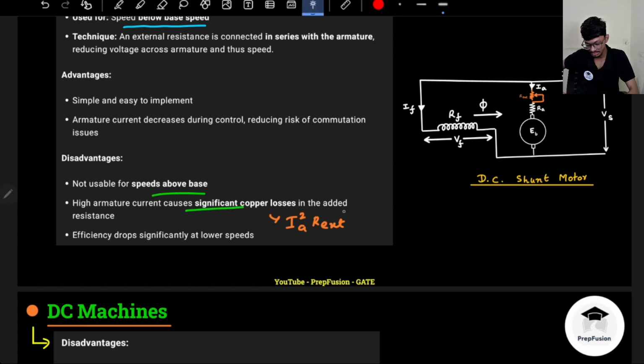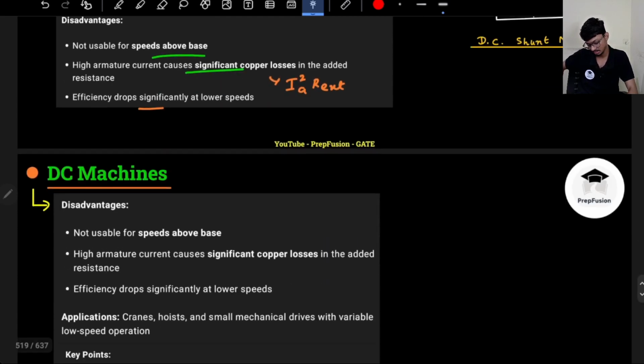IA itself is a very large current, so the copper loss will be higher. So efficiency will drop significantly because the loss will be much higher. That is the only disadvantage in this case.